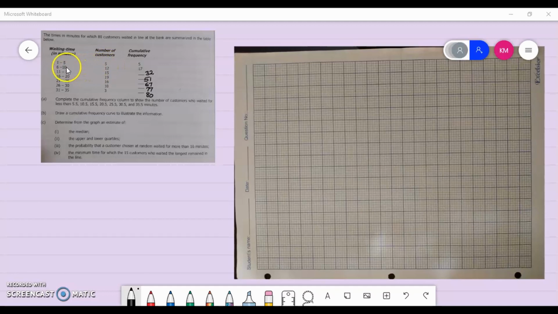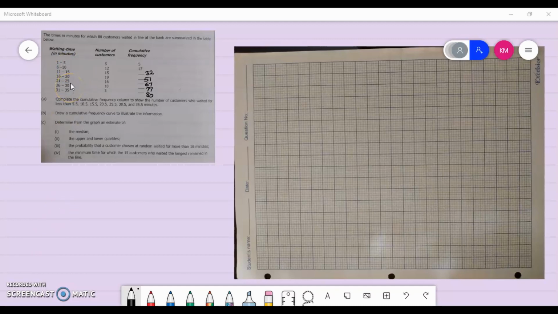How many customers waited in line for less than 10.5 minutes? Remember, I have 5 customers as well as 12 customers to consider. It's actually going to be 17 customers. So I'm going to look across to my cumulative frequency column. That 17 means 17 persons waited in line for less than 10.5 minutes.